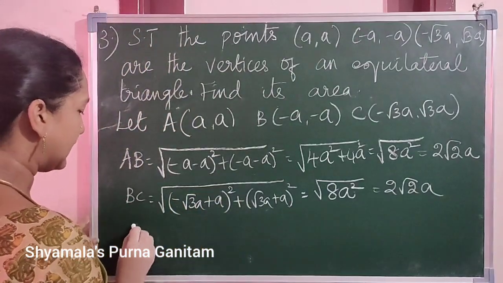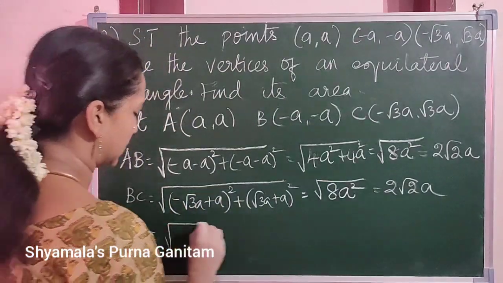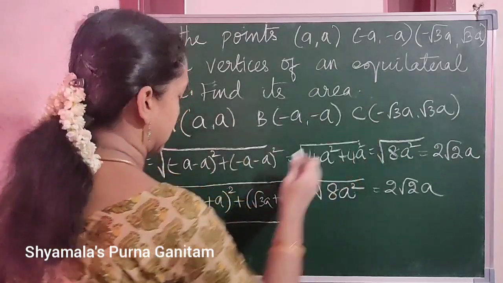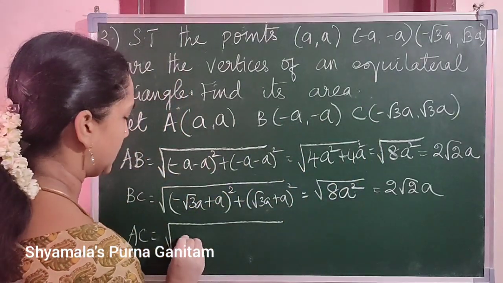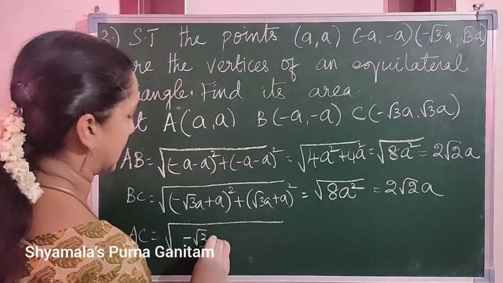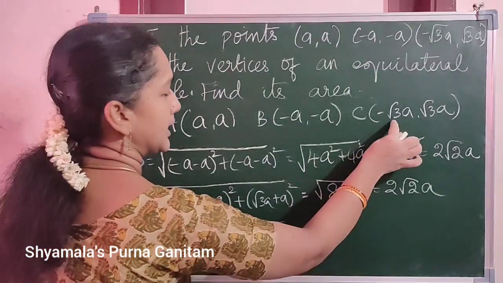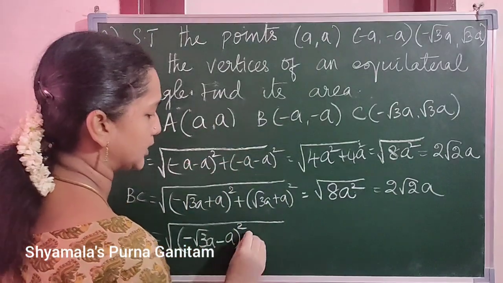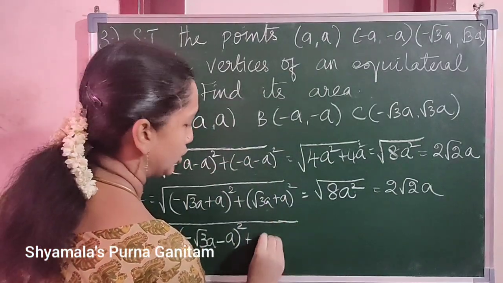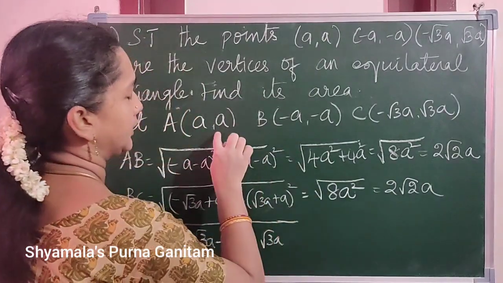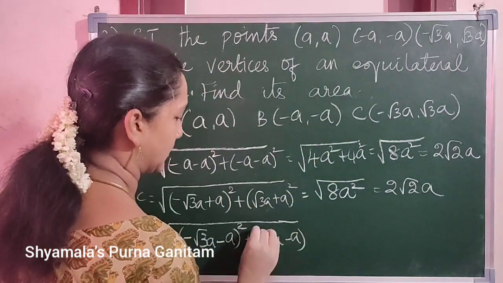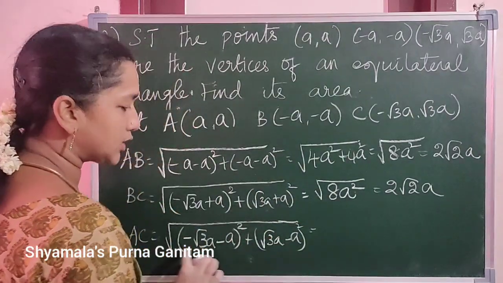AB, BC and AC. So AC is equal to root of minus root 3a minus a the whole square plus root 3a minus a the whole square. This one also has to be simplified in the same way.